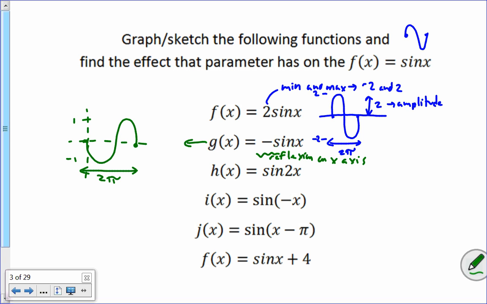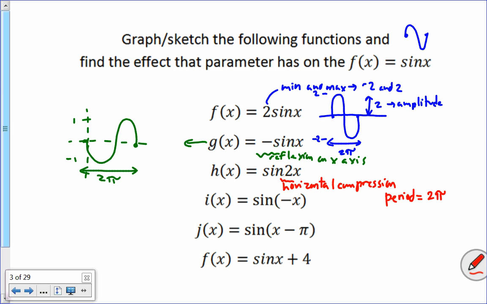This one here, sine of 2x. Olivier said it before, when there's a number that's bigger, it's going to be a horizontal compression. And how do we do it? Usually our period is 2 pi.